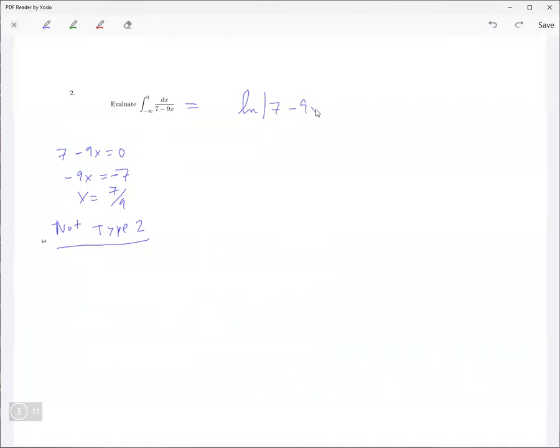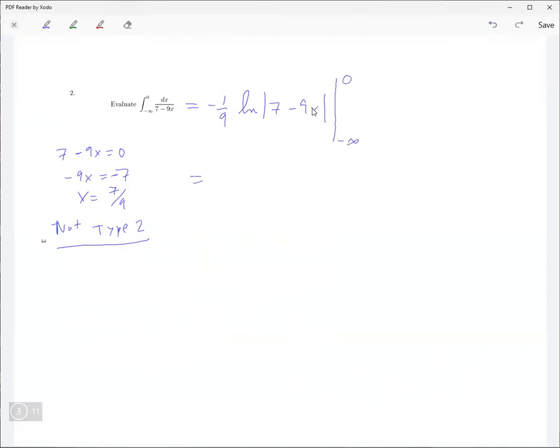And this is 1 over 7 minus 9x. So if I take the derivative of this, I'm going to get 1 over 7 minus 9x, which is right there. But I'm also going to get the derivative of the inside, which is -9. So I'll put a -1/9 right there. Okay, now technically it's the limit, but I can just think of putting a negative infinity there and a 0.